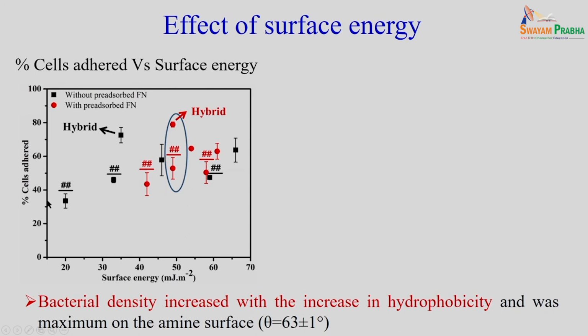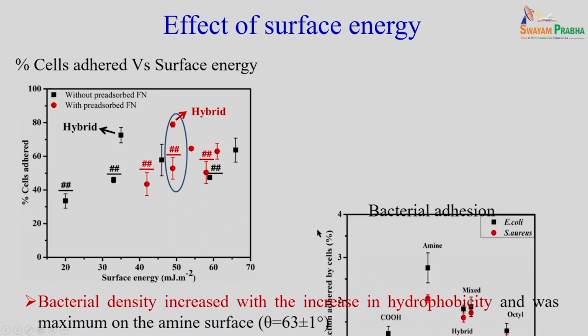Here we should be able to relate the surface energy with the percentage of adhered cells. We get the least adhesion on the surface with the lowest surface energy, and the maximum on the surface with moderate surface energy, particularly this hybrid surface.